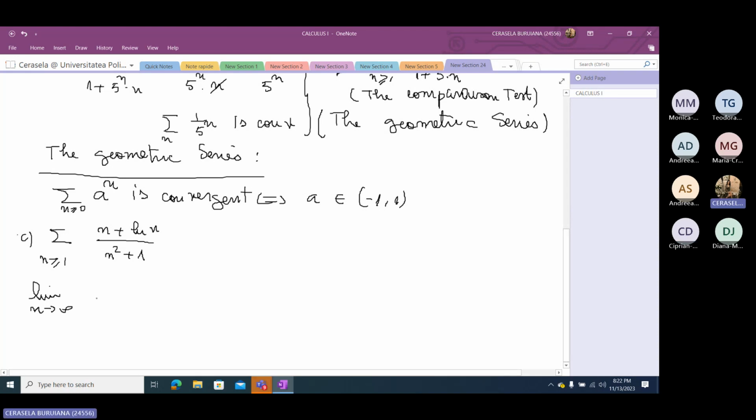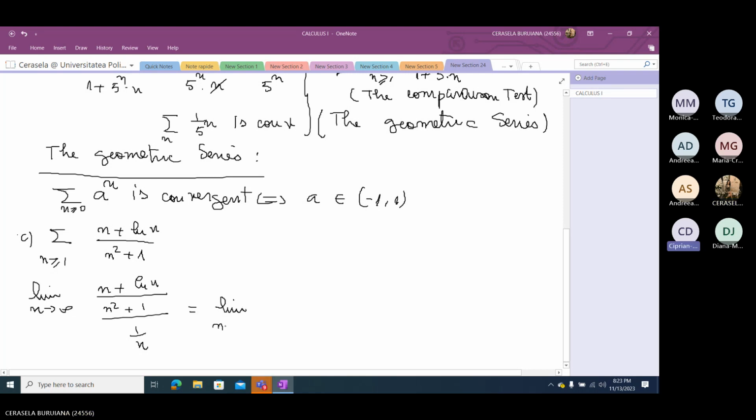I think here it's not necessary to compare it with 1 over n squared plus 1. I think that's what you said, isn't it? If you look, actually, it's okay if I will compare it just with 1 over n. Yeah, you may finish your sentence.